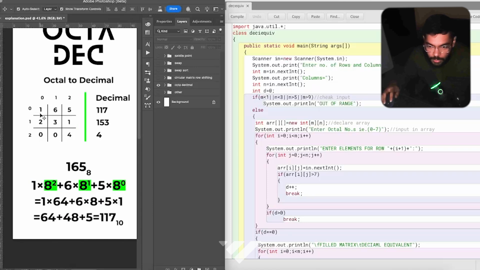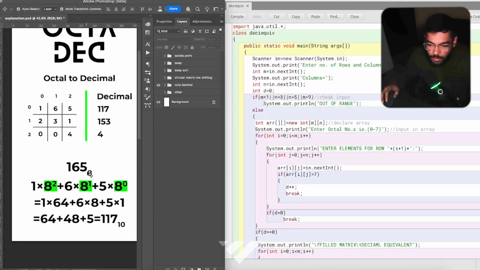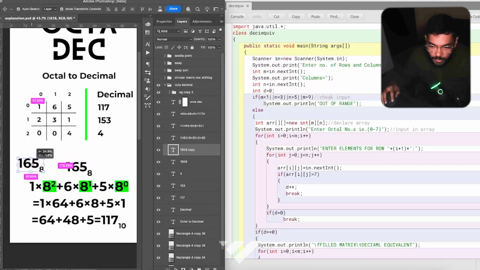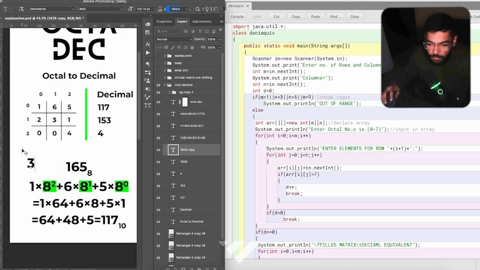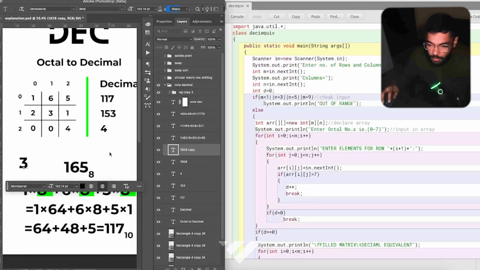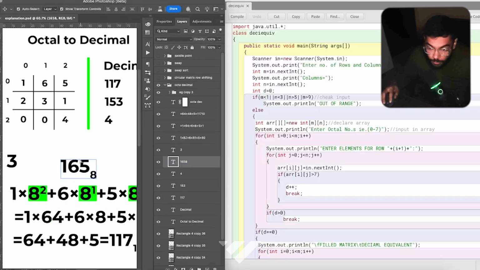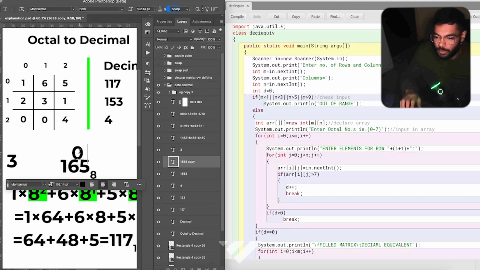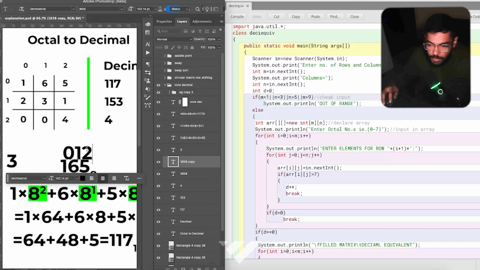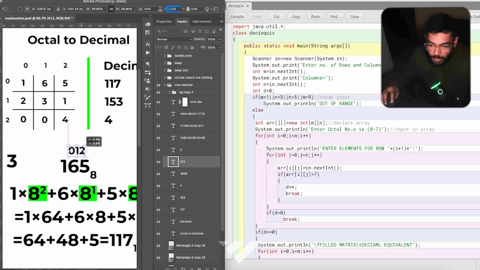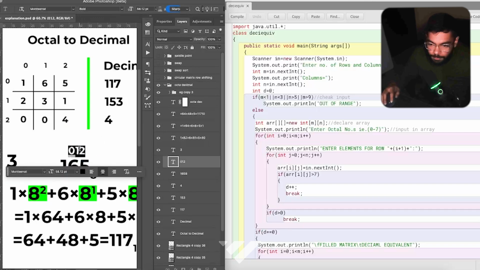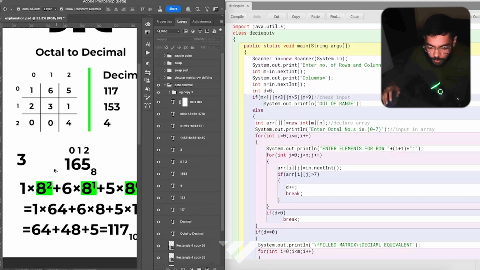Since we are indexing the array from the start, the length of 165 will be 3, but in programming it is stored at 0, 1, 2. So we start with n minus 1, which is 2.